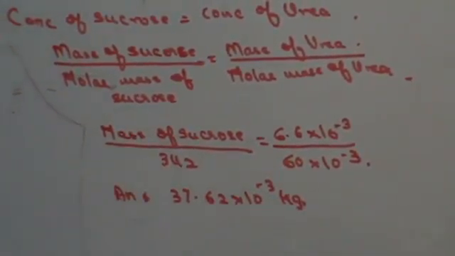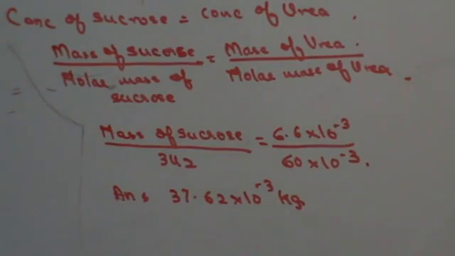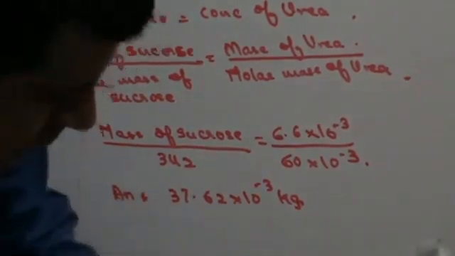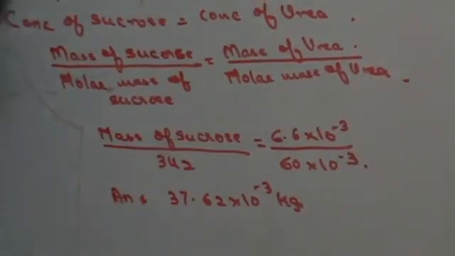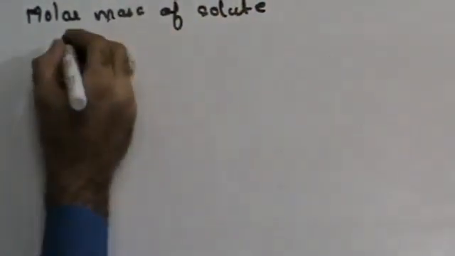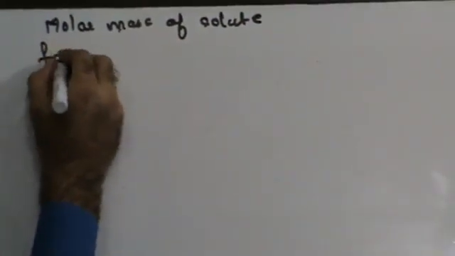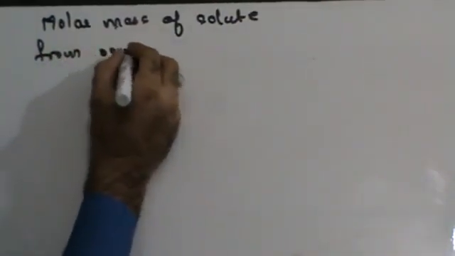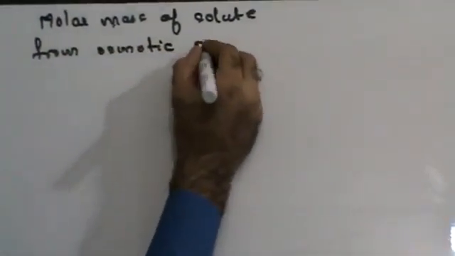Guys, let's continue and let's also finish sums based on molar mass of solute using osmotic pressure. Right? Let's do one more time here. Let's continue and let's do sums based on molar mass of solute from osmotic pressure.